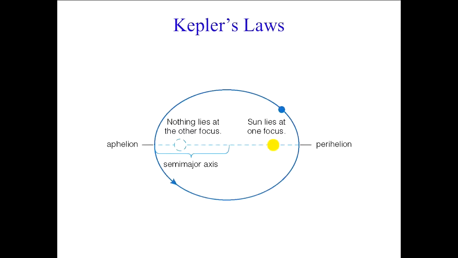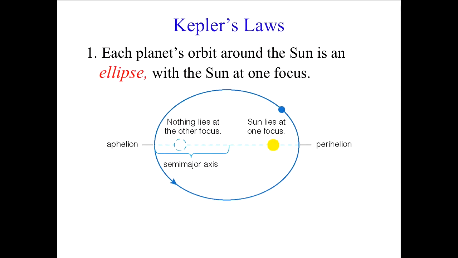It turns out the planets actually orbit the sun not in circles, but in a shape called an ellipse. All planets orbit the sun in a shape that is elongated, mathematically called an ellipse. You may remember this from 9th or 10th grade when you learned about it.